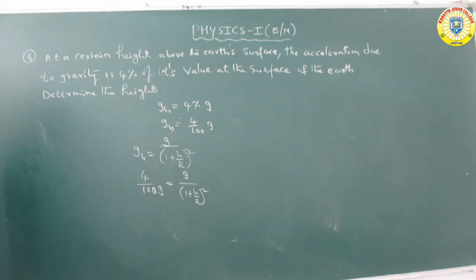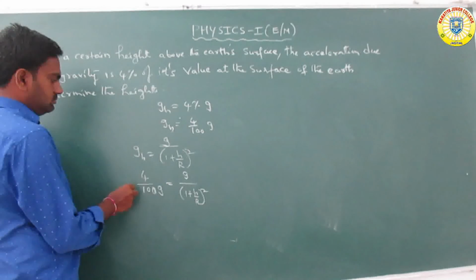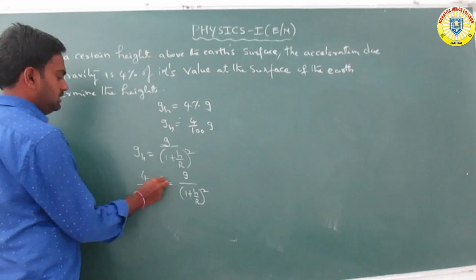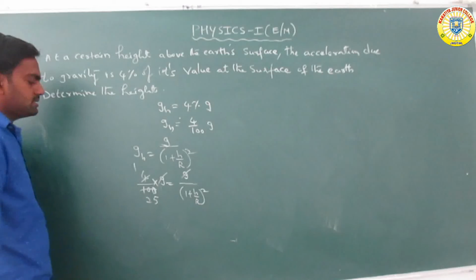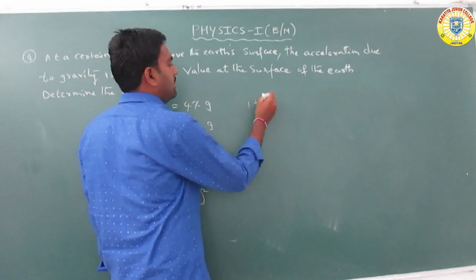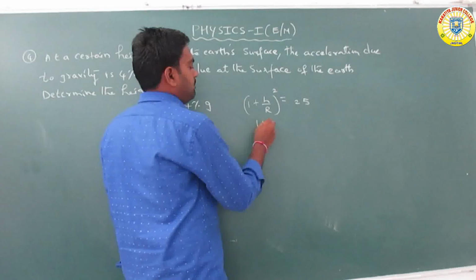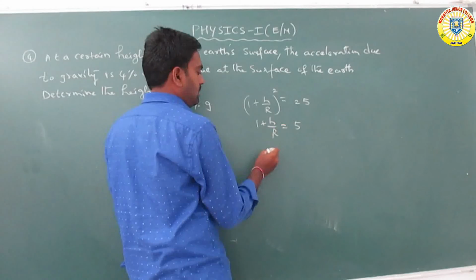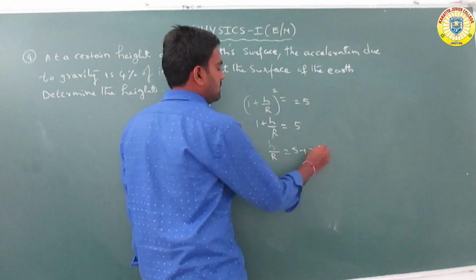The G's cancel, so (1 plus H by R) whole square is equal to 25. So 1 plus H by R is equal to root of 25, that is 5. So H by R is equal to 5 minus 1, which is 4.